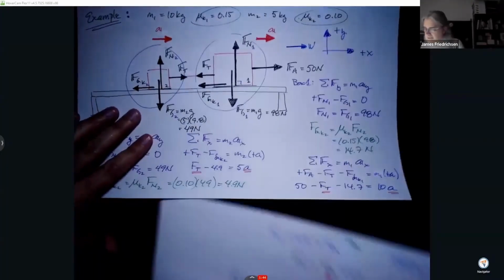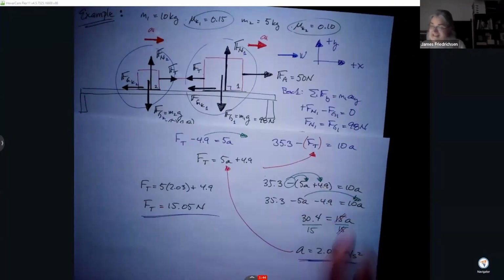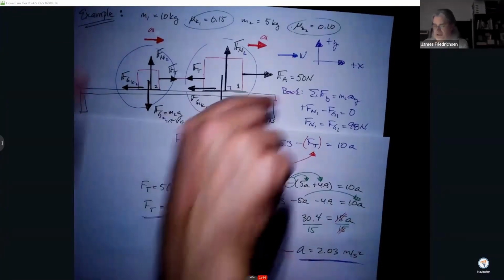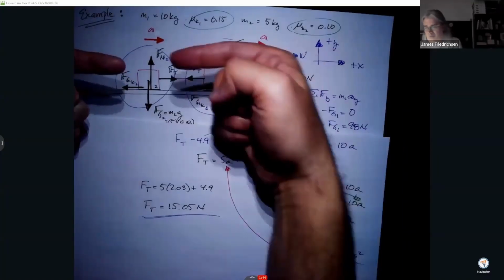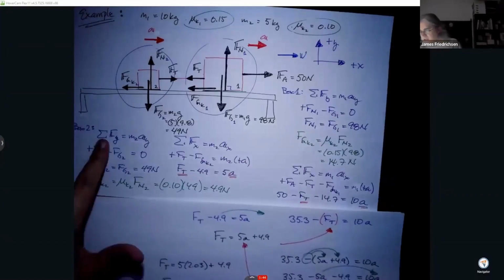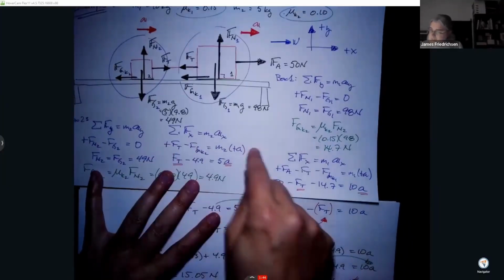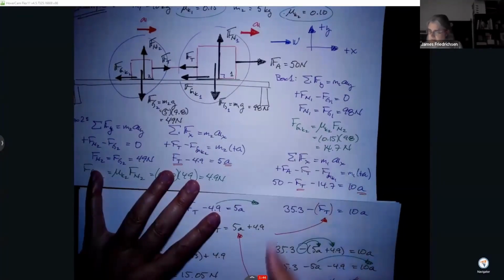This is why you can't interpret positive or negative as the direction, because it's not like both tensions went right. One went right, one went left. Both accelerations went to the right, but the tensions were one right, one left. And those are correct. So by getting a positive answer, the directions we coded in the vectors, which is why I made such a big stink about doing your directions first, were correct. Okay.